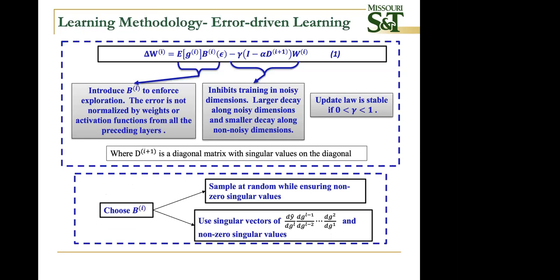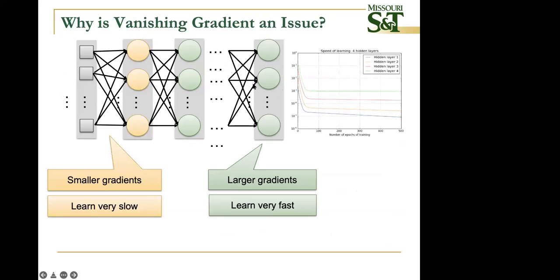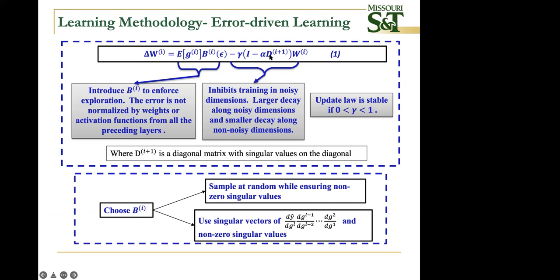So how do we fix this problem? The way you can fix it is by using what we call error-driven learning. Instead of propagating the error through the network, which is why it's called backpropagation or stochastic gradient, we basically use the output error directly in each of these layers. Then you use a B matrix to enforce exploration.